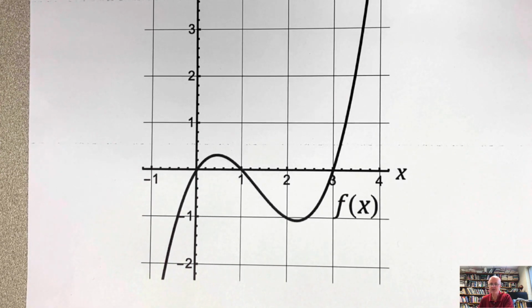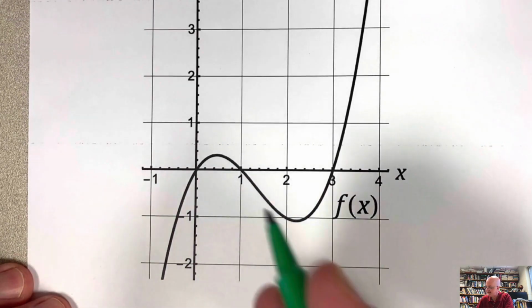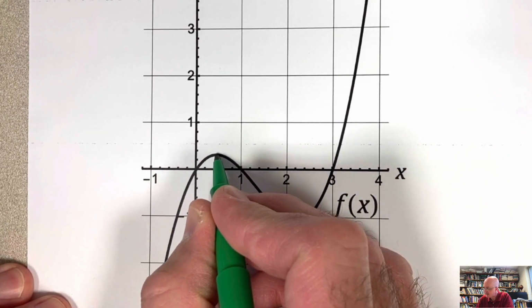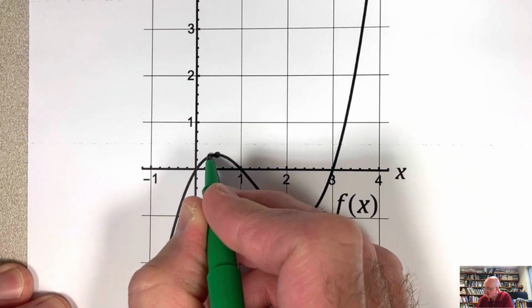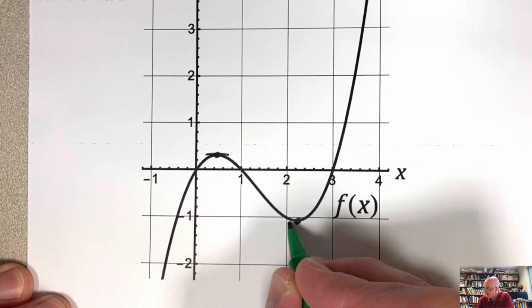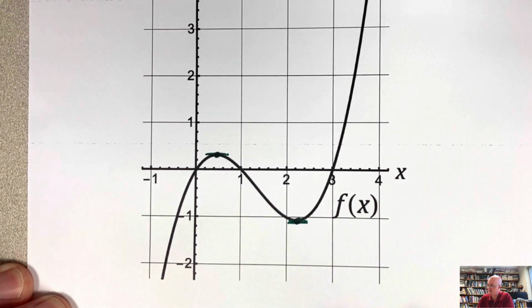The first tangent lines to look for are any tangent lines that are horizontal. You can just eyeball that. Right about here and right about here, it looks like the tangent line would be horizontal. The slope of the tangent line in those two cases would be 0, meaning since the derivative gives you slopes of tangent lines, the value of the derivative as a function would be 0.